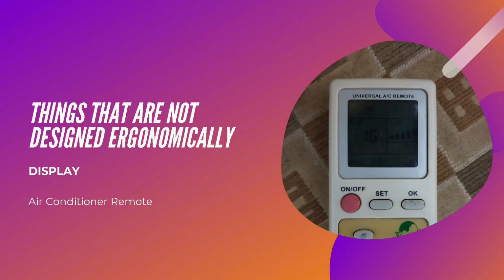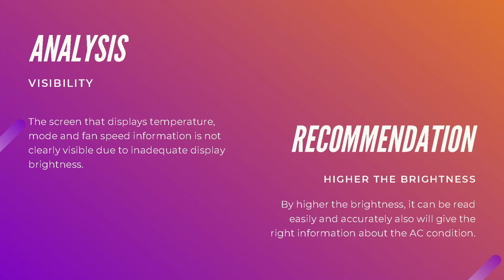As we can see in this picture, we can barely see the information that we need for the current AC condition. So there is something wrong with the visibility. The screen that displays temperature, mode, fan speed, and other information that we need to know the current condition of the AC is not clearly visible because of the display brightness.